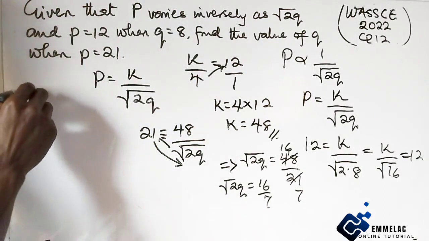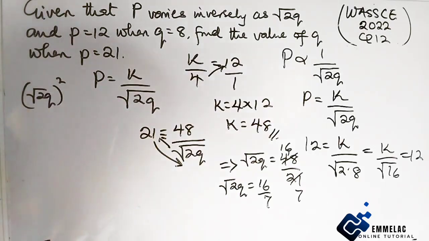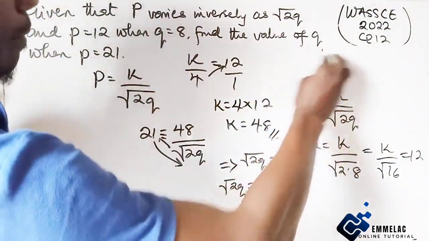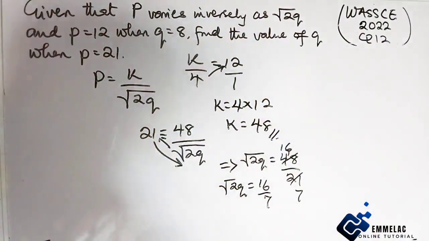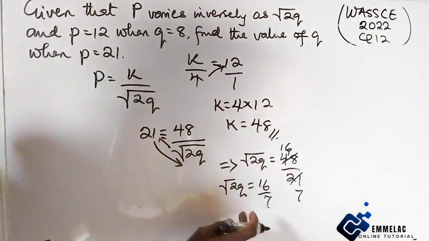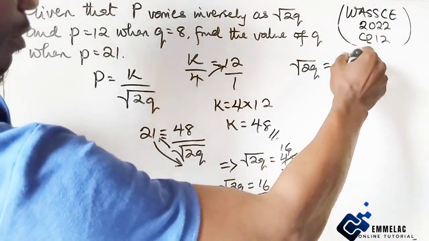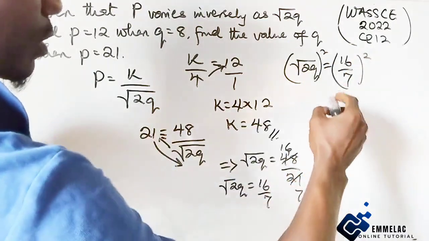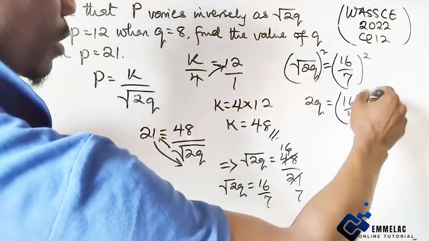So here you have 2q equals 16 over 7, all squared.